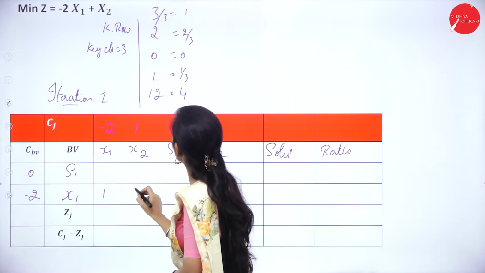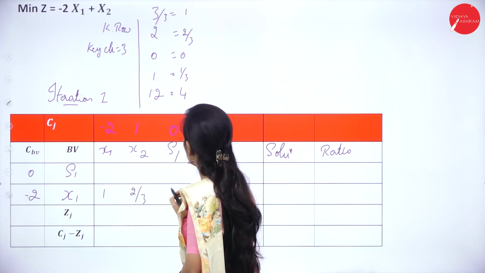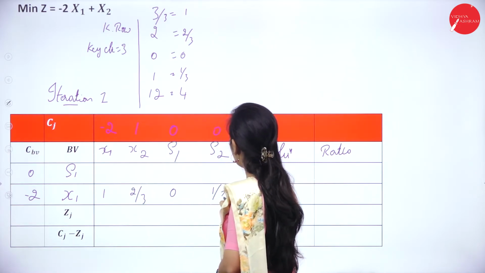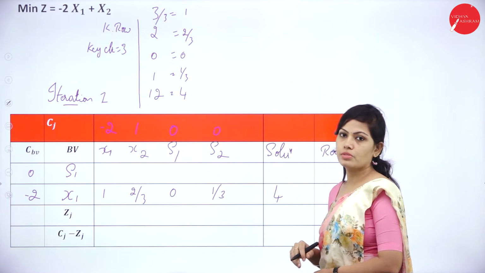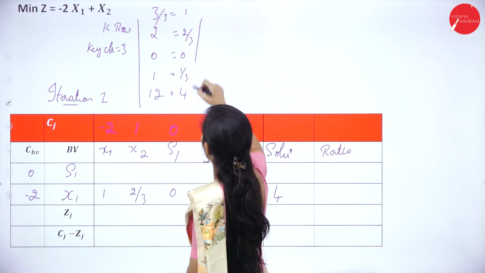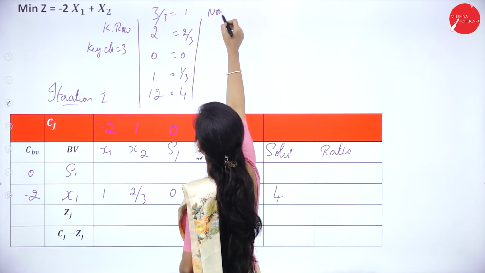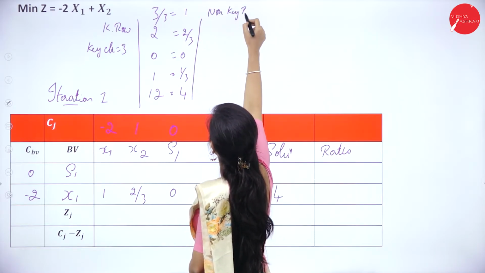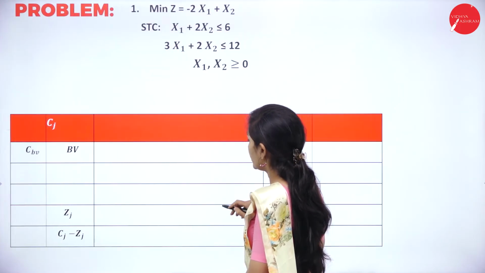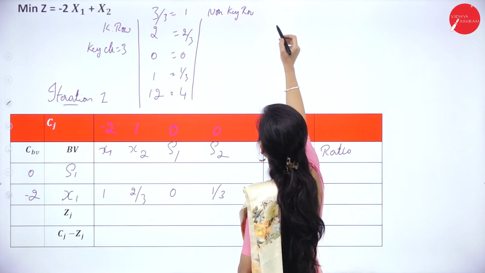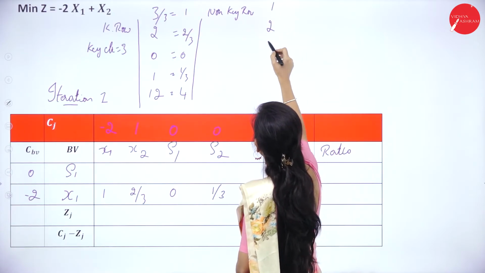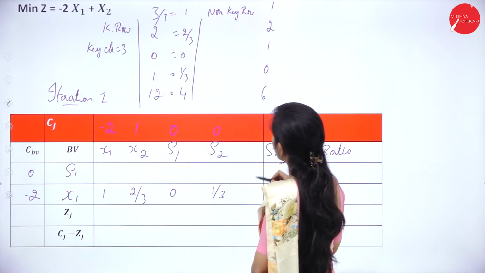So 1, 2 by 3, 0, 1 by 3 and 4 are your new key row values. And find the non-key row values. In the non-key row we have 1, 2, 1, 0, 6.